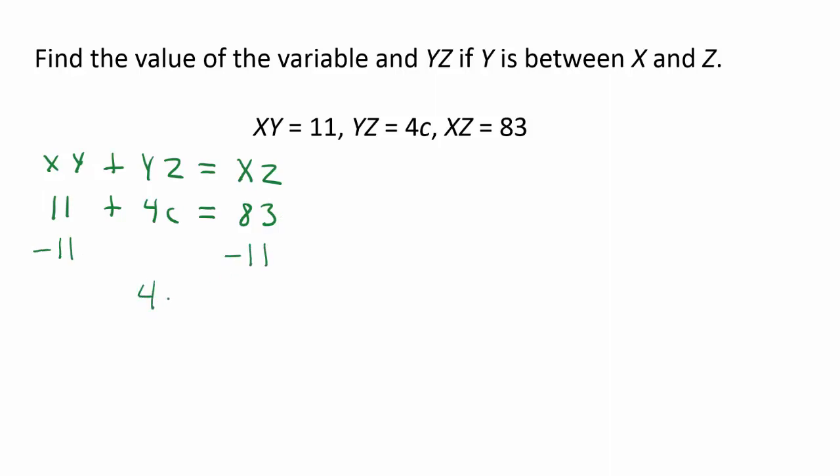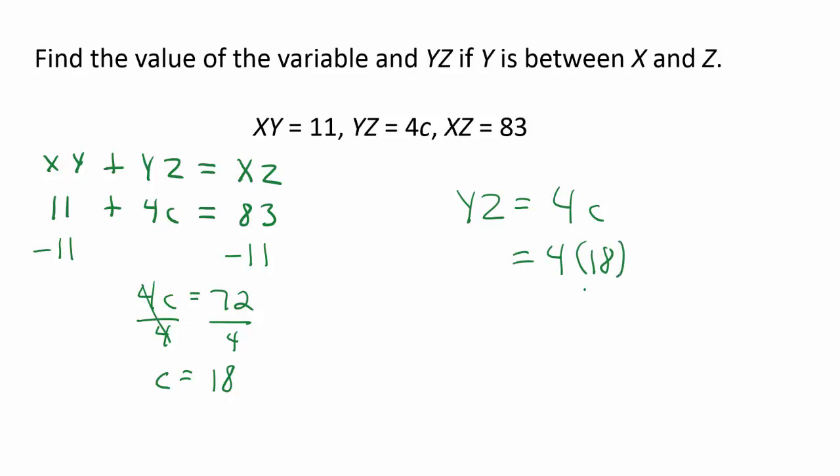That leaves us with 4C equals 72. And if we divide both sides by 4, now C equals 18. Now to find YZ, which again is 4C, we need to plug in 18 for the variable C. 4 times 18 is 72. So YZ equals 72.